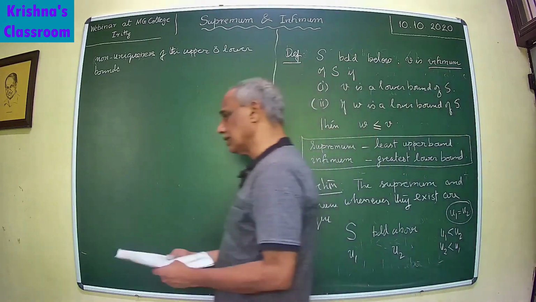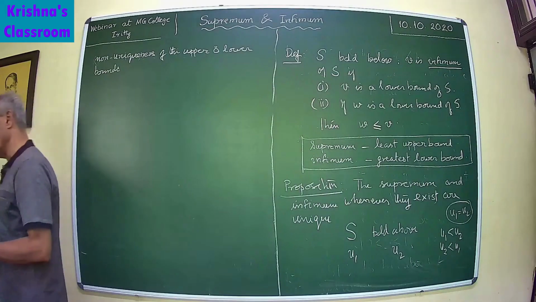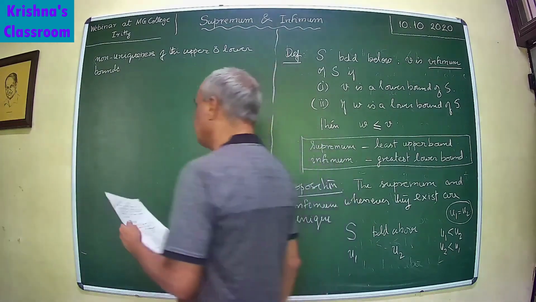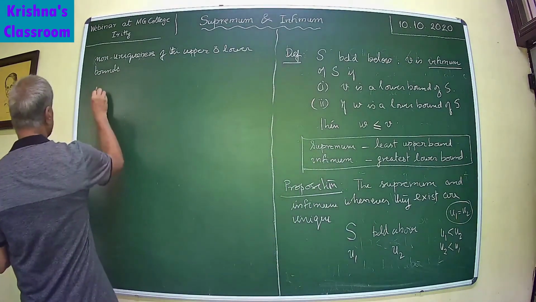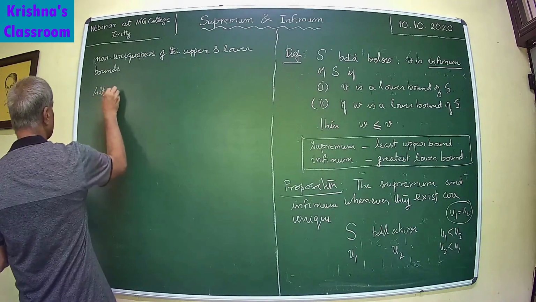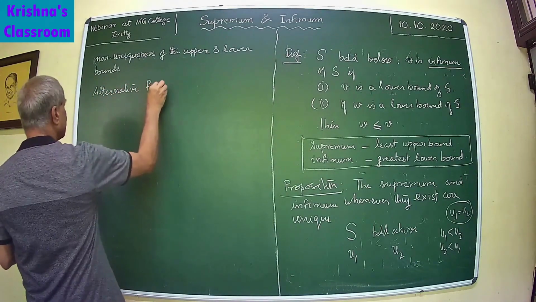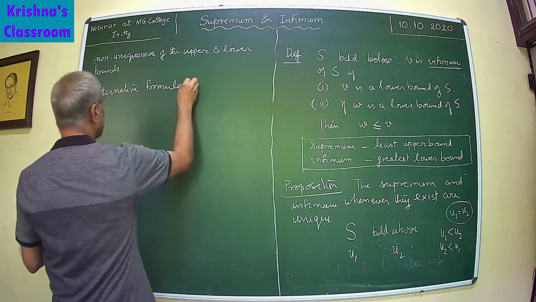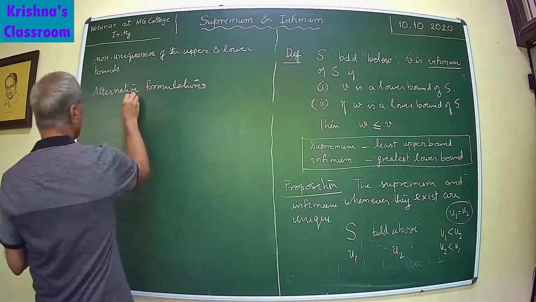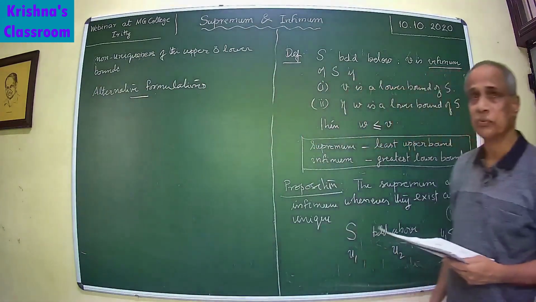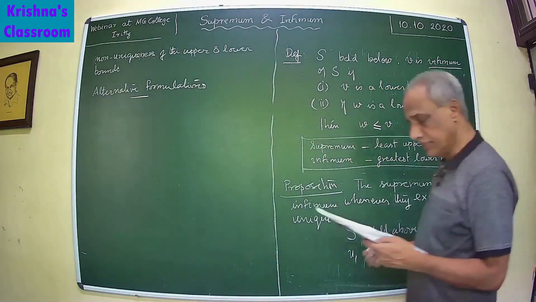These are called characterizing theorems. So you have some alternative formulation. And all these require proof. I am not going to prove them, but you have to try to prove them very systematically.